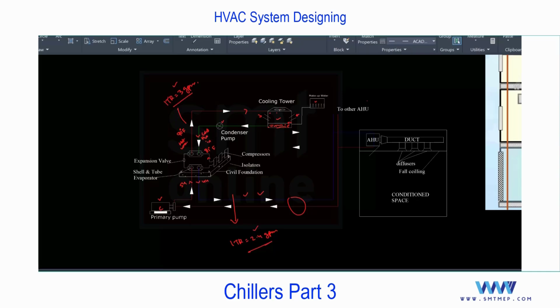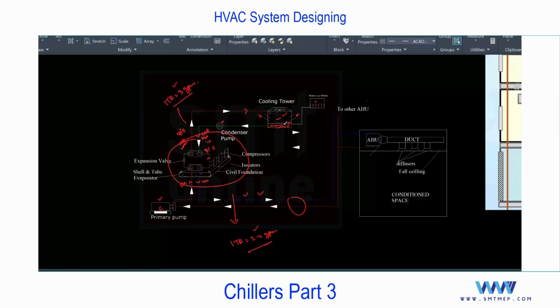And in a water cooled chiller, the condensing unit is cooled by using water, and the water is supplied back from the cooling tower. And remember, this complete unit we can place inside the building except the cooling tower, because the cooling tower we cannot place inside the building, as it is used to separate the hot vapor from the water. So except the cooling tower, the complete unit we can place inside the building, and we place it in the plant room.